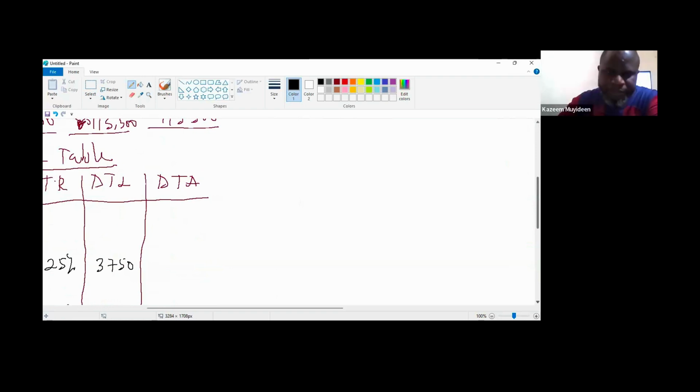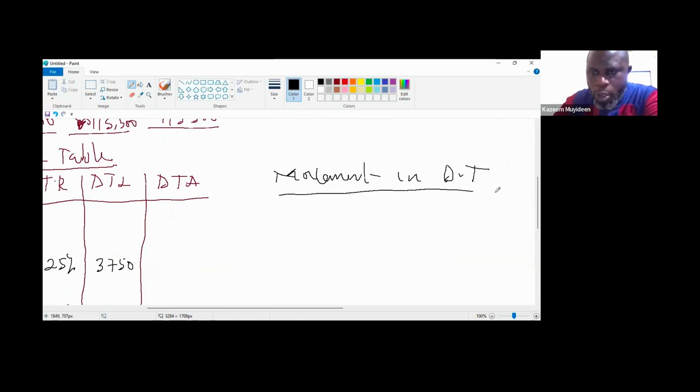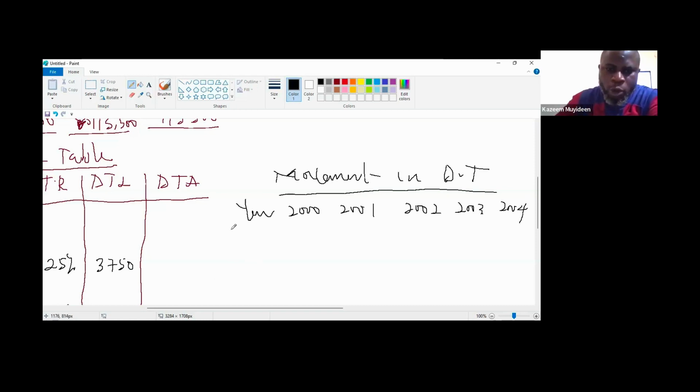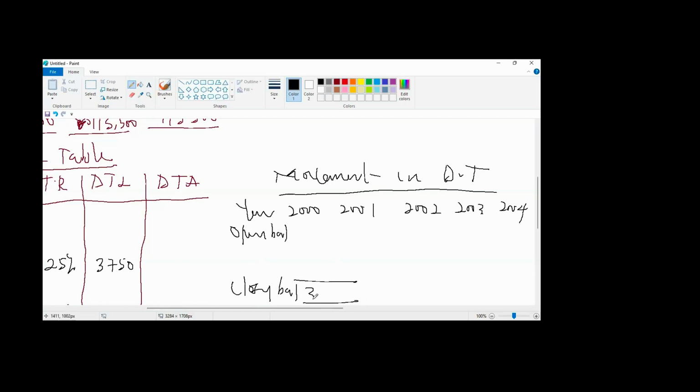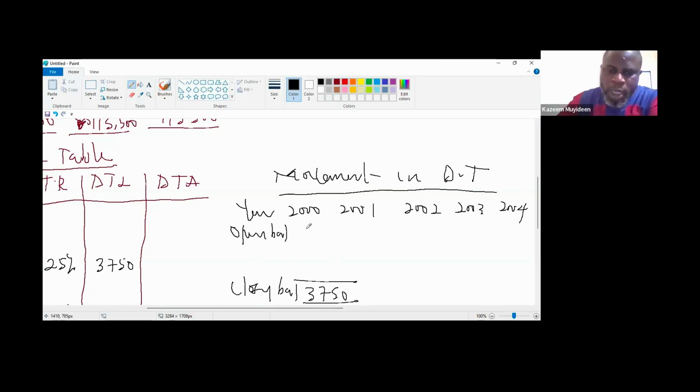Let's do POL. We have movements in deferred tax. We have the years 2000, 2001, 2002, 2003, opening balance, then the closing balance. We close with 3,750, nothing.